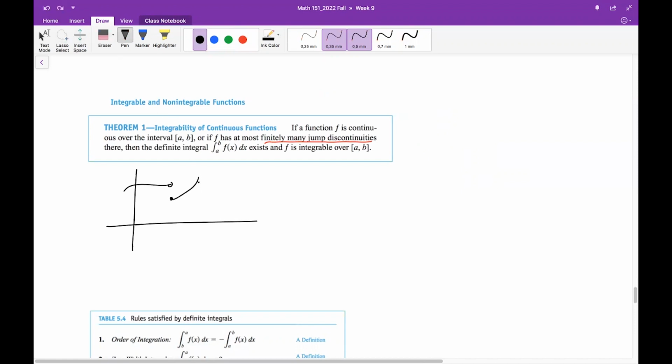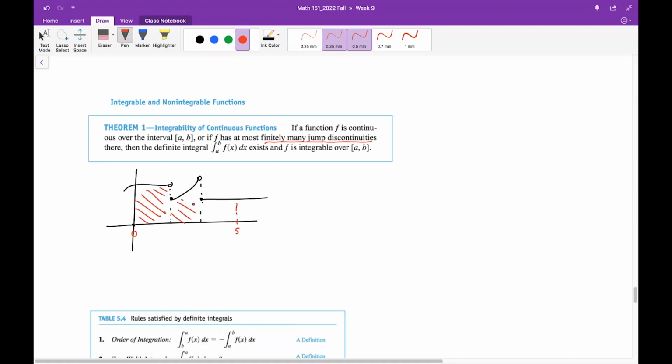And if your function is continuous, or it may have finitely many jump discontinuities like this, for example, at the point here and here, this function has a jump discontinuity, but you still can compute the integral of it from 0 to 5, let's say, over this closed interval.